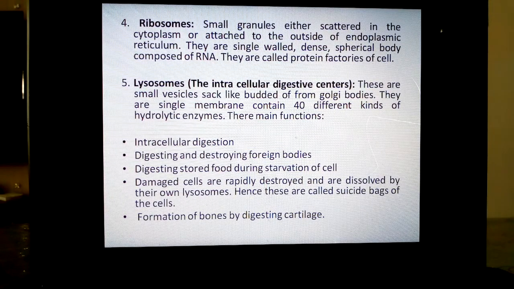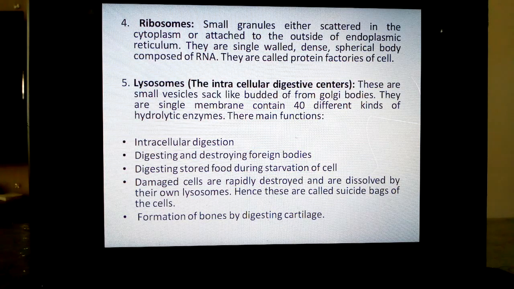Next organelle we are moving to is ribosomes. Ribosomes are small granules, either scattered, meaning hither and thither, in the cytoplasm or attached to the outside of the endoplasmic reticulum. You already learnt in the endoplasmic reticulum, when they are attached to it, it is called rough endoplasmic reticulum.